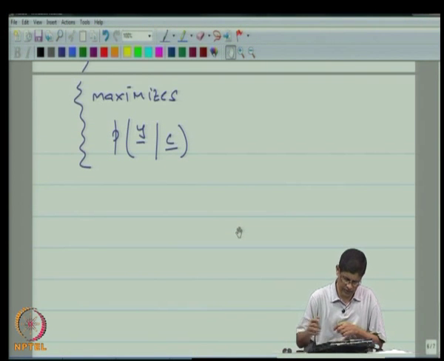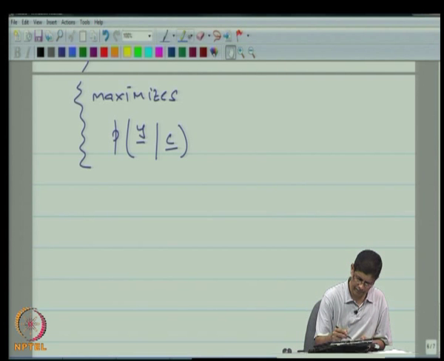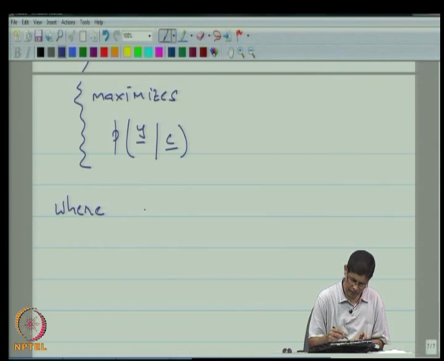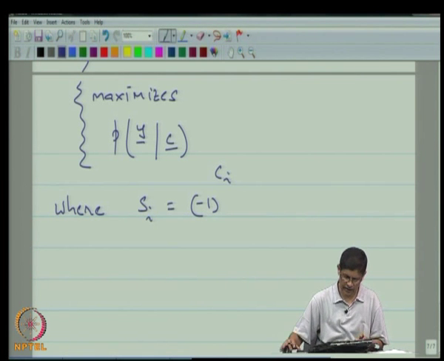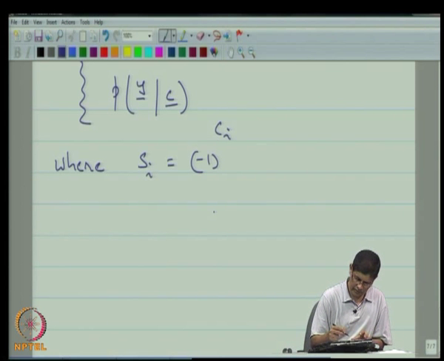The connection is easy enough, where S I is equal to -1 to the C I times root E. So this is a mapping.